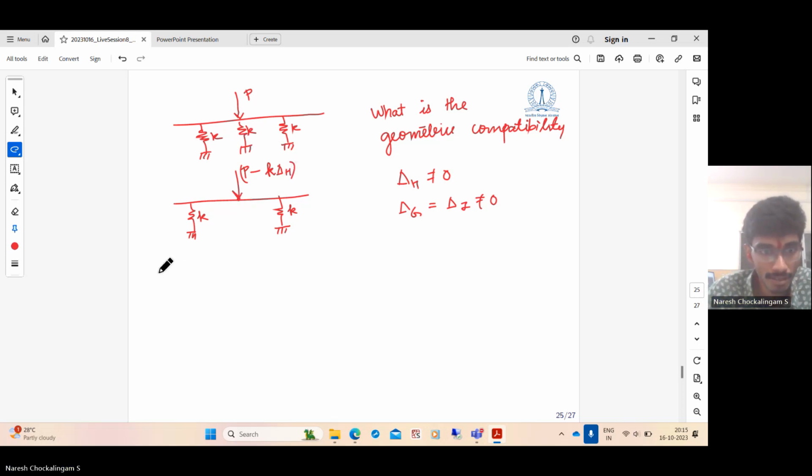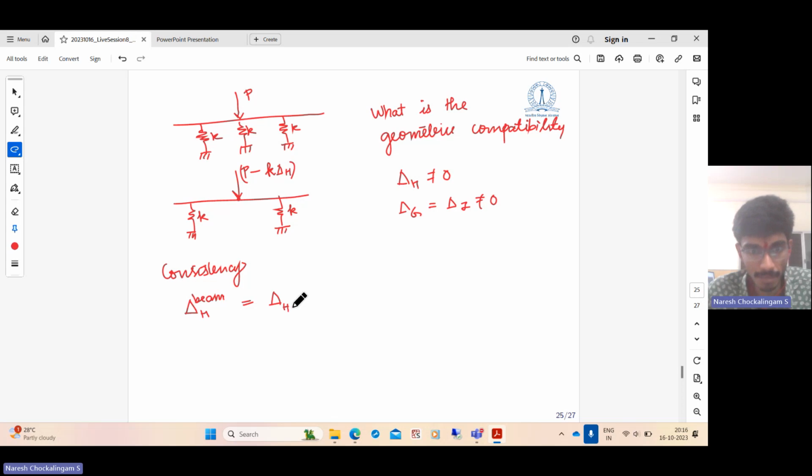So the consistency condition is the downward displacement of the beam, delta H of the beam, should be equal to the displacement of the point H on the spring. On the spring, it is easy to compute what it is. It is a spring force, which is, let the spring force be RH, divided by the spring constant K. And what is the displacement of the beam at that point?